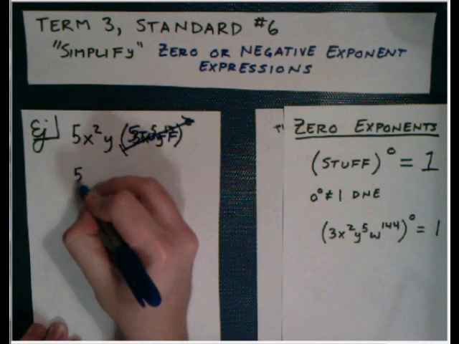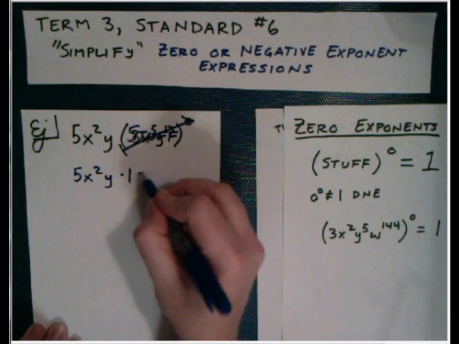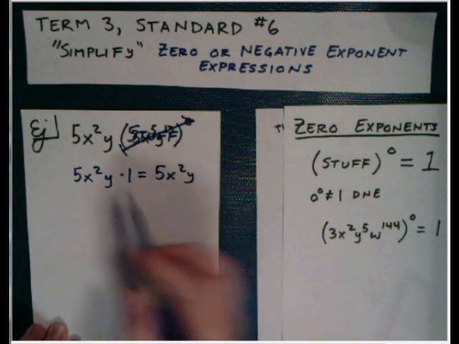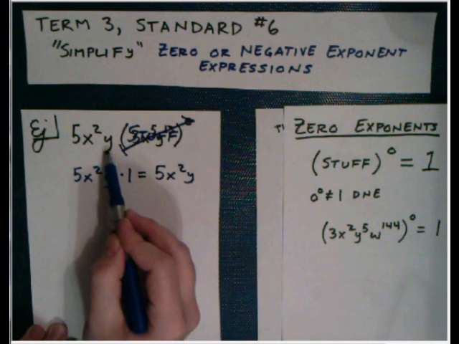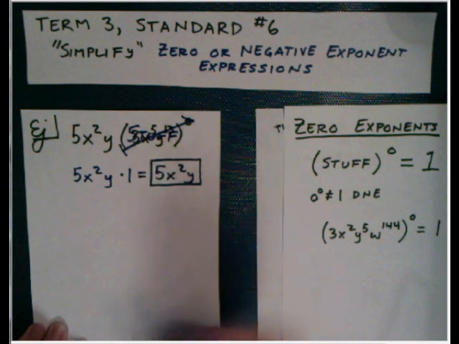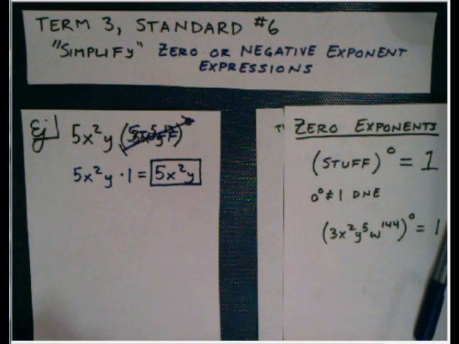So this whole thing just becomes 5x squared y times 1. And that's just equal to 5x squared y. So in fact, the only part that actually mattered here was the stuff on the outside, because the rest was inside a parenthesis taken to the 0 power. Okay, again, let's look at just one more.